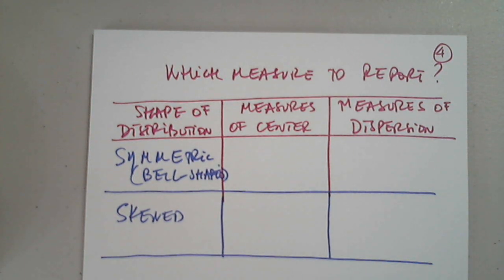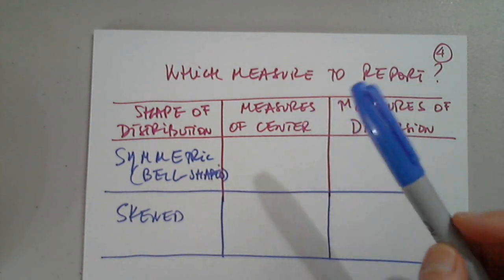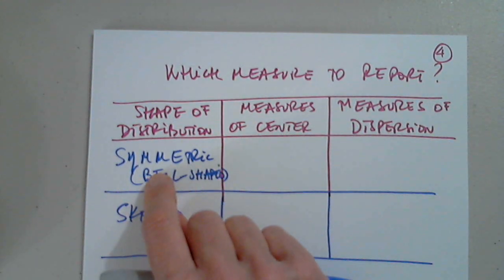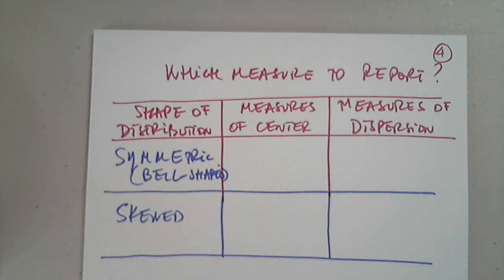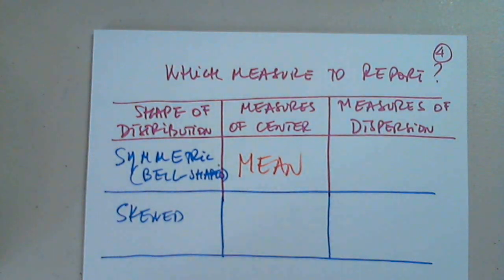Okay. So if the distribution is symmetric, what do we report as the measure of center? What is the best measure of center if the distribution is symmetric? Give it a shot. Mean. Thank you very much. Who said that? Emma. Thank you. Very good indeed. Okay.